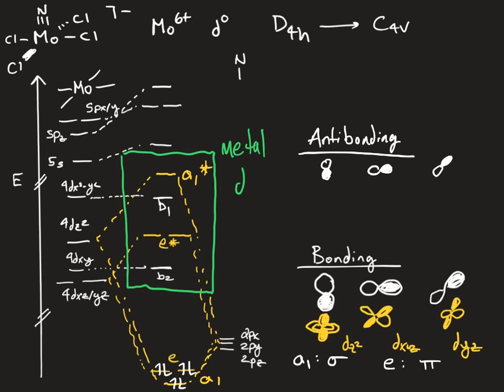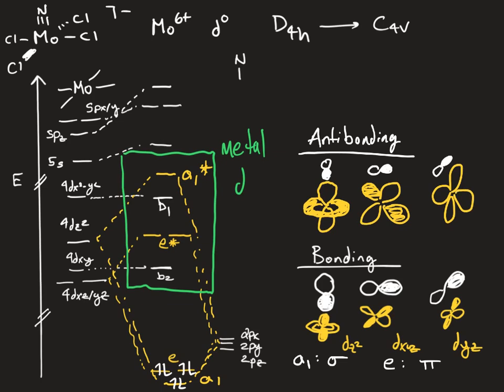So there we have our p's, and then the dz² for the A1, the dxz for the E, and the dyz for the other E type orbital.